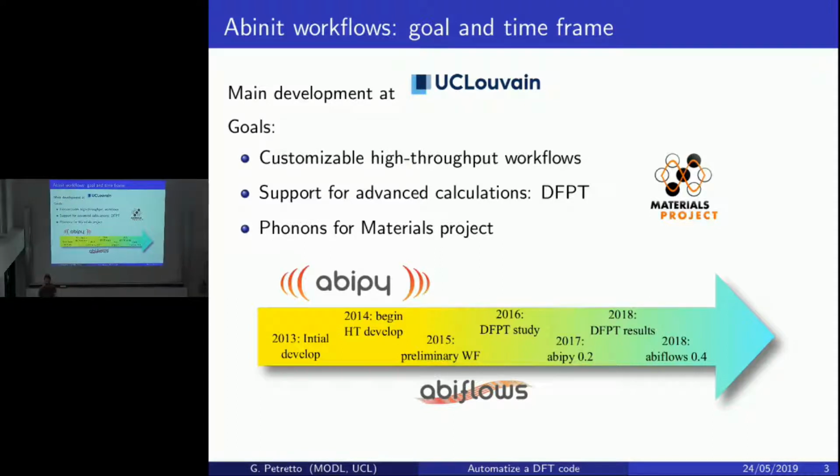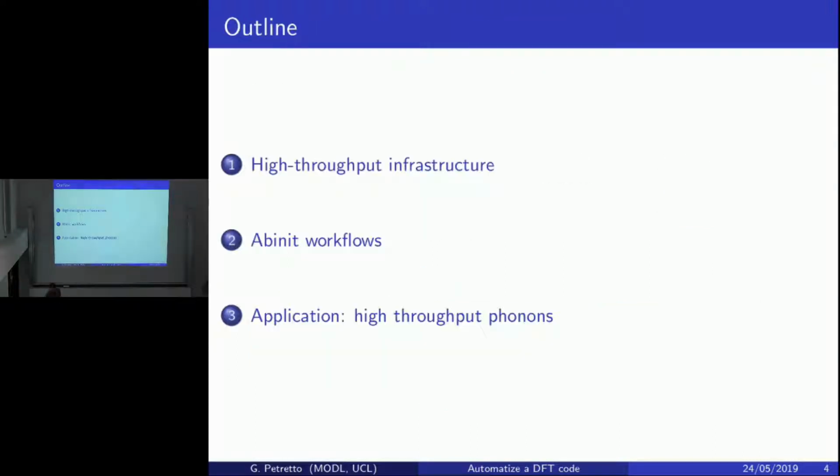And it took basically a couple of years to design and put together all the pieces, start running the calculations, and then collect results and publish them. Now we are basically in a situation where we are stable and we keep adding features, but we are satisfied with the current version of the workflows.